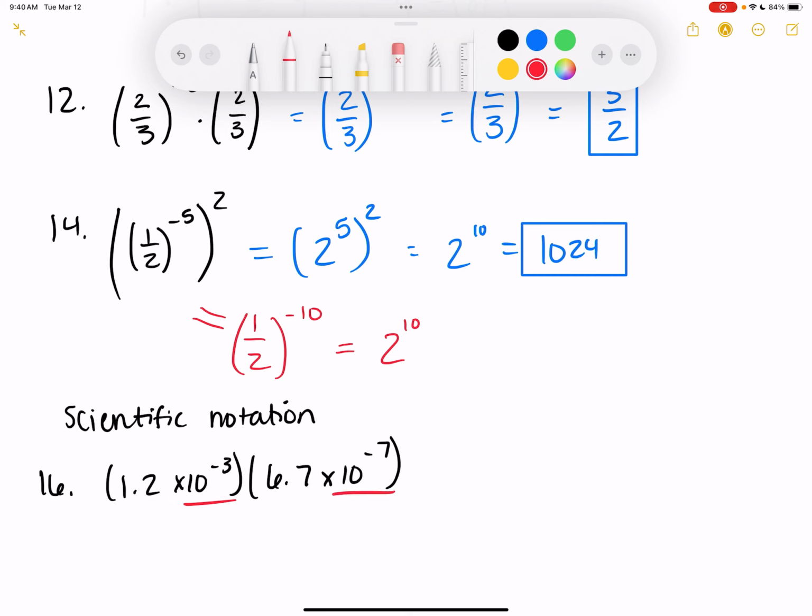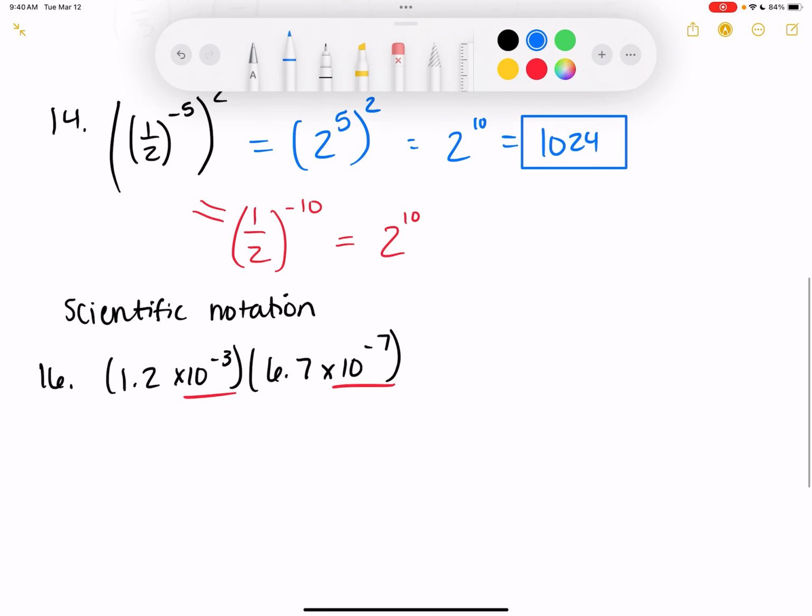So we've got the same base, everything's being multiplied. That means that I can do what with the exponents on those, the powers of 10? I can add them. So disregard the other part for a second, so leave a little space in the front. So I'm going to have 10 to the negative 3 plus negative 7, for that part.